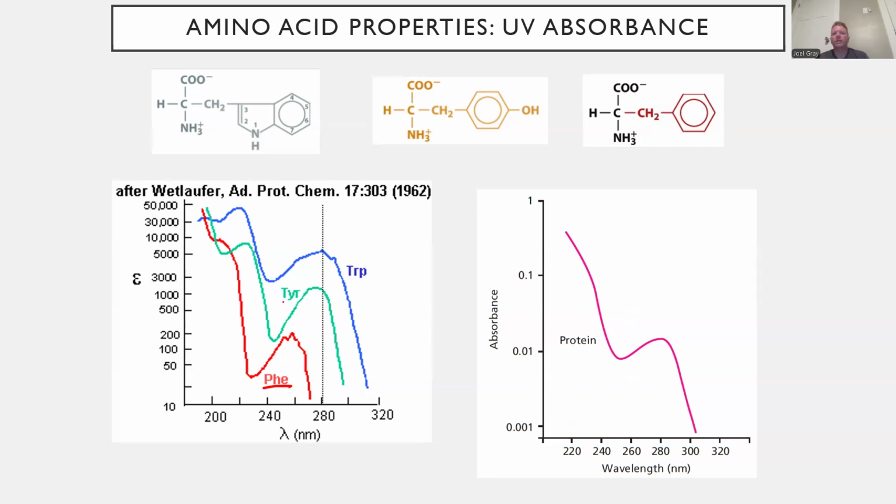So phenylalanine, tyrosine, and tryptophan all absorb light within the UV range. So that gives a way of detecting amino acids to tell whether or not there's protein in a solution. So phenylalanine, F is the single letter code for that, tyrosine, Y, and tryptophan, W. Those are the amino acids that have the capability of absorbing UV light.